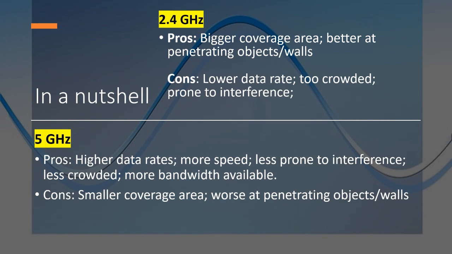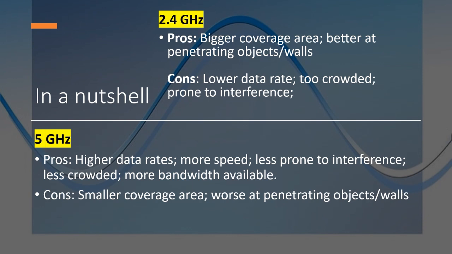As a summary, 2.4 GHz has a bigger coverage and is better at penetrating objects and walls. However, at the same time, it has very limited bandwidth, and that's why it has limited speed. It is too crowded, used by many users, and very prone to interference. On the other hand, the 5 and 6 GHz offer much bigger bandwidth and much higher speeds.